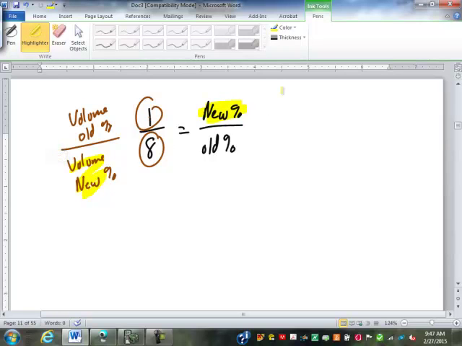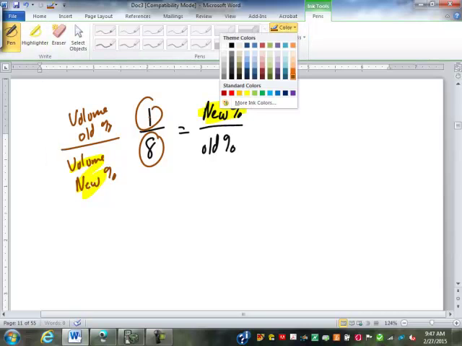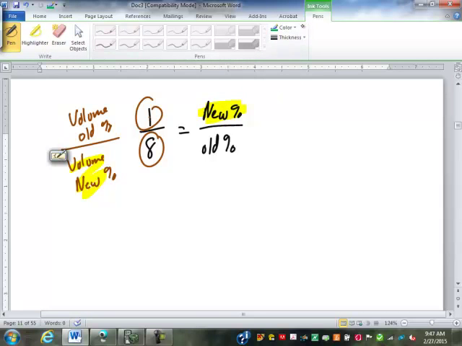But if we look at this formula and rearrange it a little using some algebra, I'm going to put some symbols in there. The volume of the old concentration is going to be V1. The volume of the new concentration is going to be V2. The new concentration, that's concentration 2, or C2. The old one will be the original, or C1.